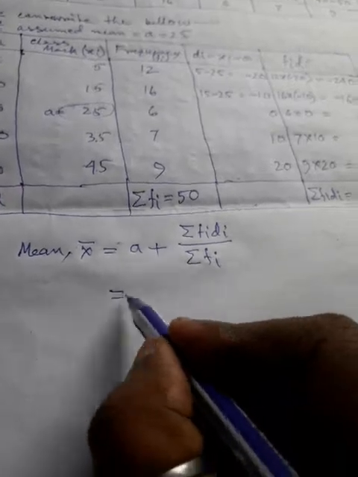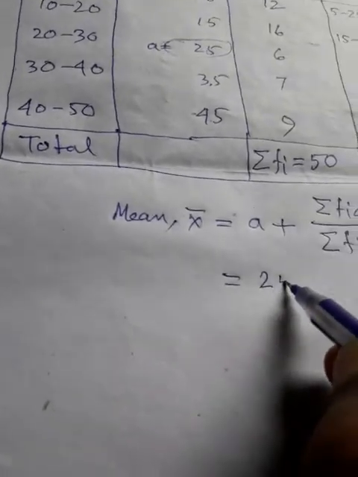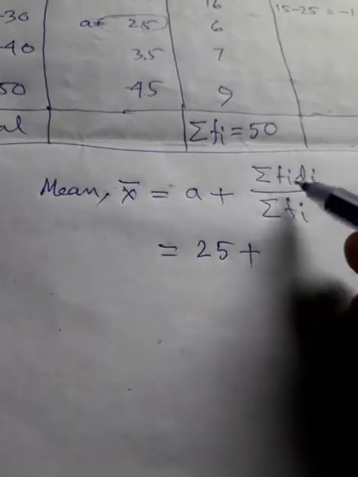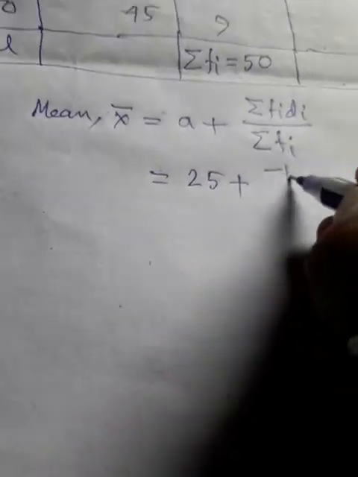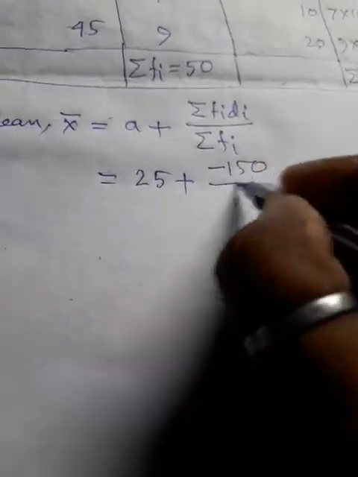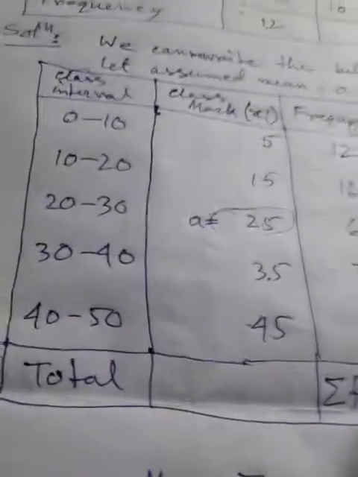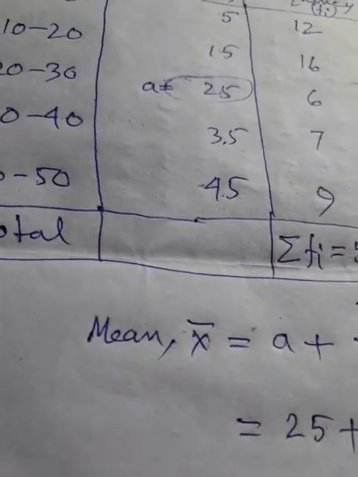Now put in the values: a is equal to 25, summation of fi di is equal to minus 150, divided by summation of fi, which is 50.